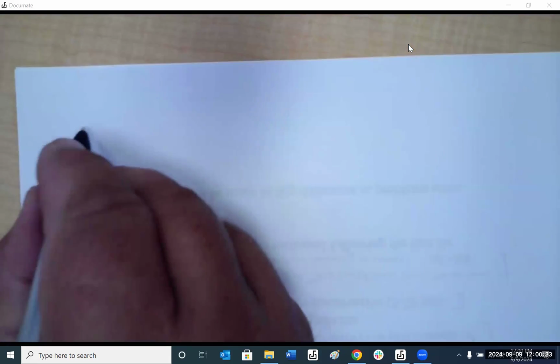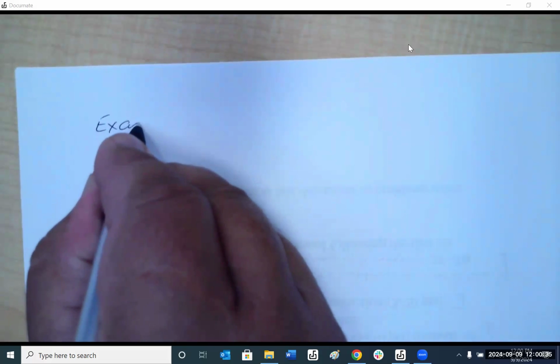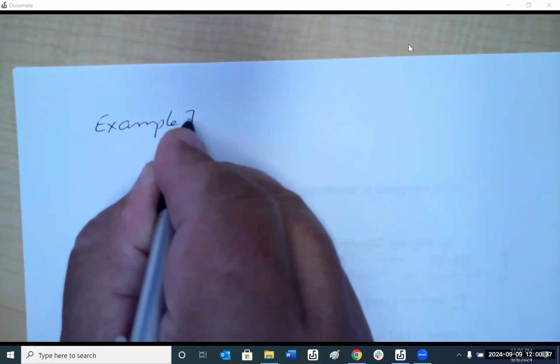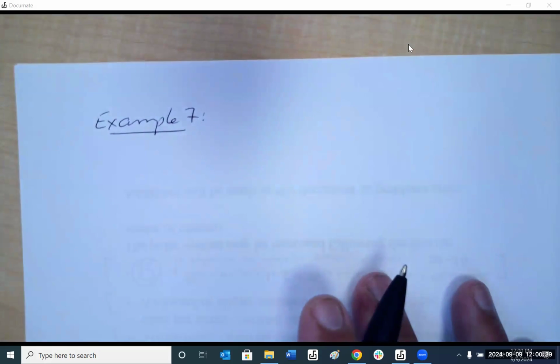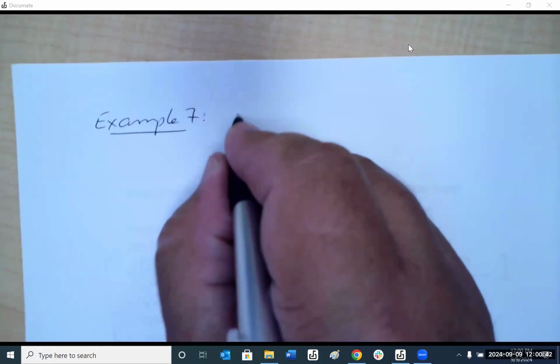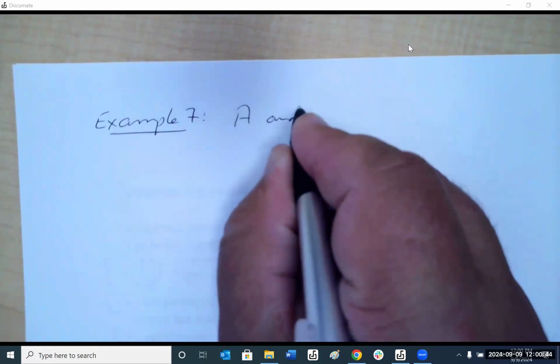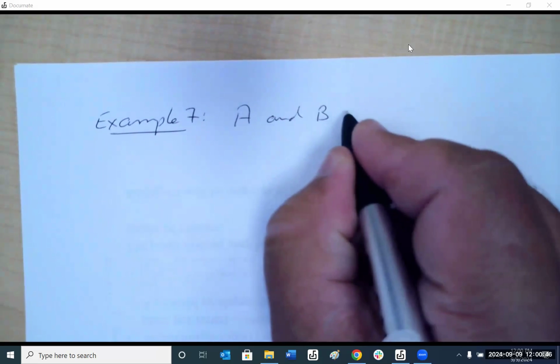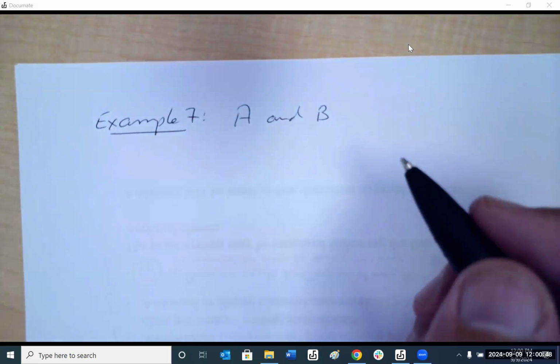Now we're going to use the last example. So when you use the example of the last class, example 5. Oh yeah.